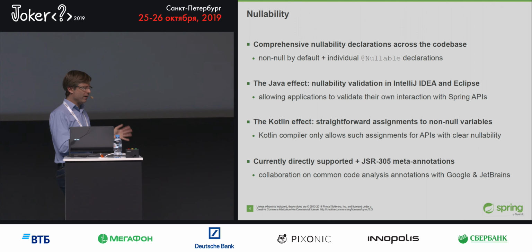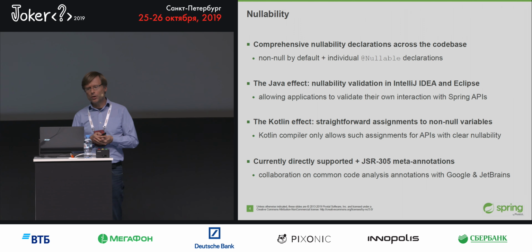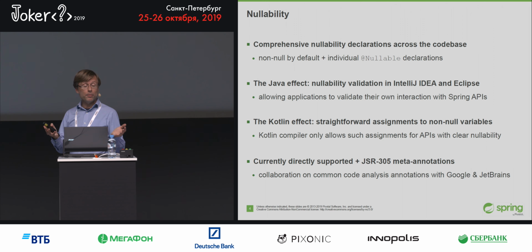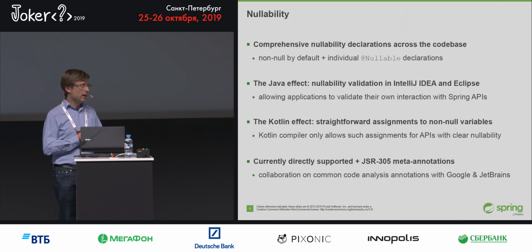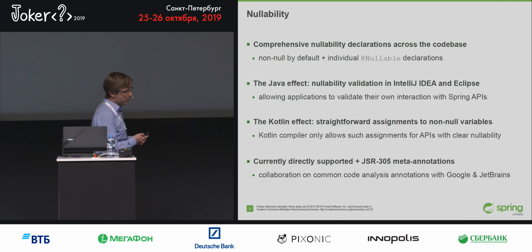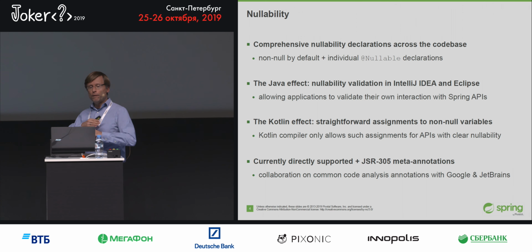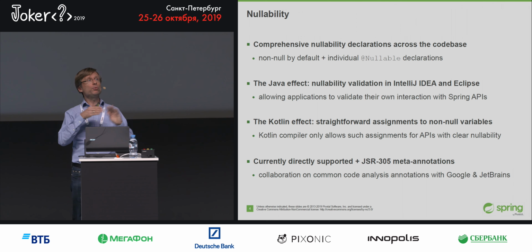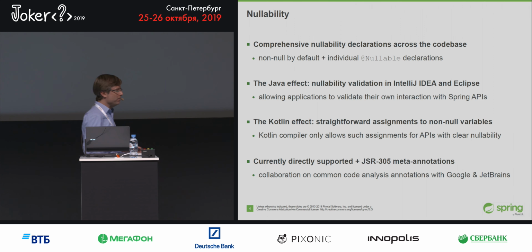There was JSR 305 as an effort that never really was fully embraced by the JDK. There were other libraries doing this already. So we figured we'd do this as well, joining the club of RxJava and OkHttp and others in fully declaring nullability through the use of nullable and non-null annotations across our entire API surface.